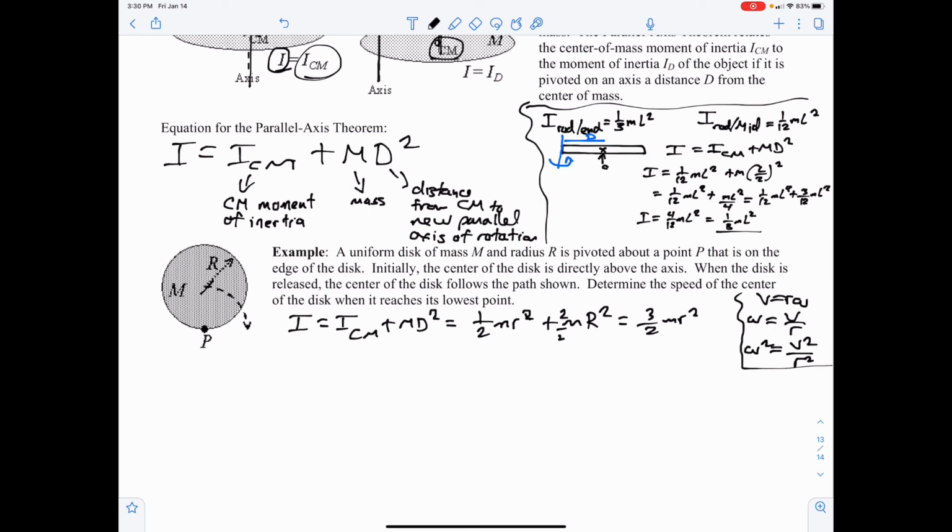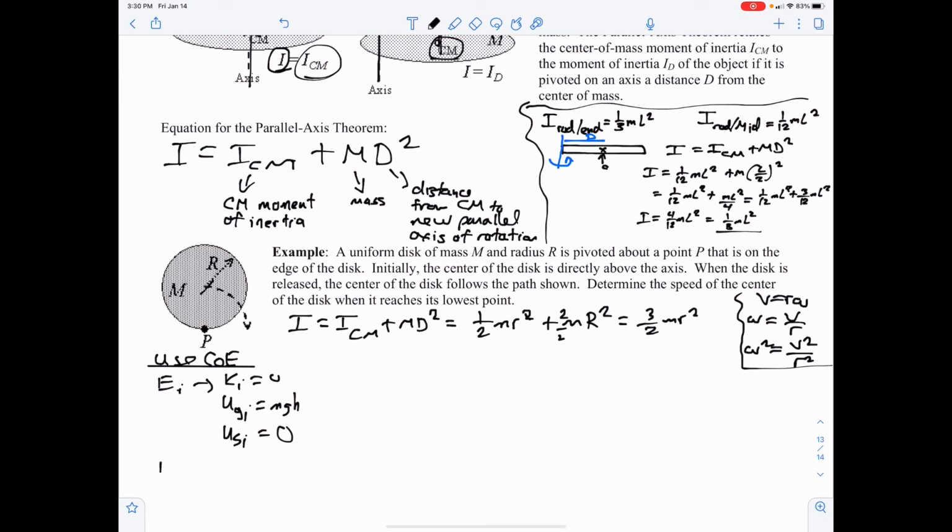All right, let's use our conservation of energy here. Energy initial: kinetic energy is 0 to start with. Gravitational potential energy is mgh. And spring potential energy is 0 because there's no spring in here.